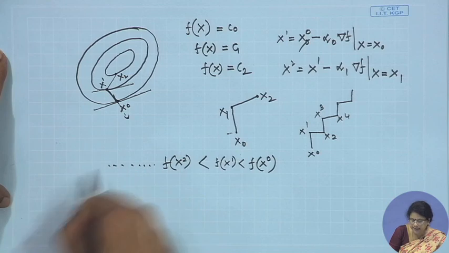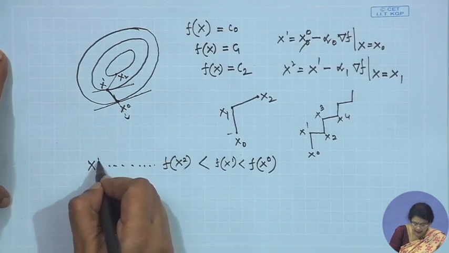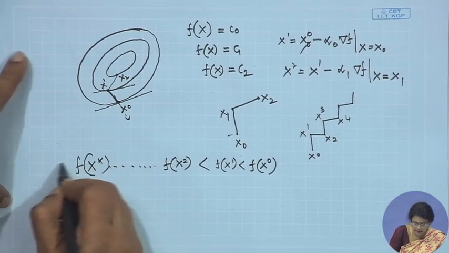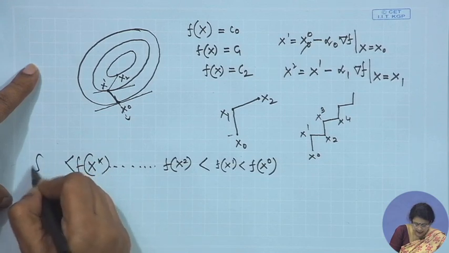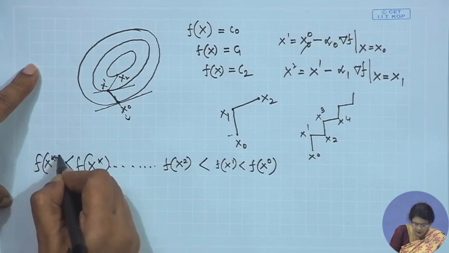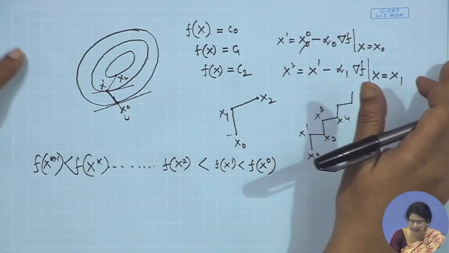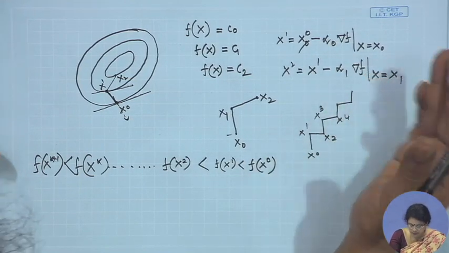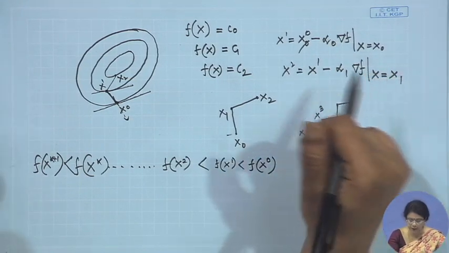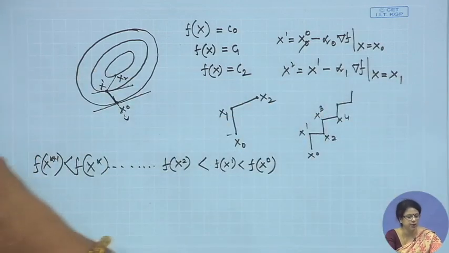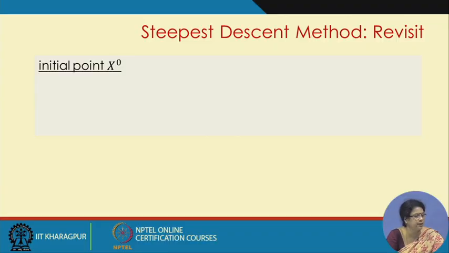This way we will get a sequence of points xk, and we will see that the functional value f x k plus 1 is much smaller than f x0. Maybe that could be the optimal solution. All right. For checking the optimal solution, there is a process. I will discuss more on that part, but in this connection I will show you a few properties.